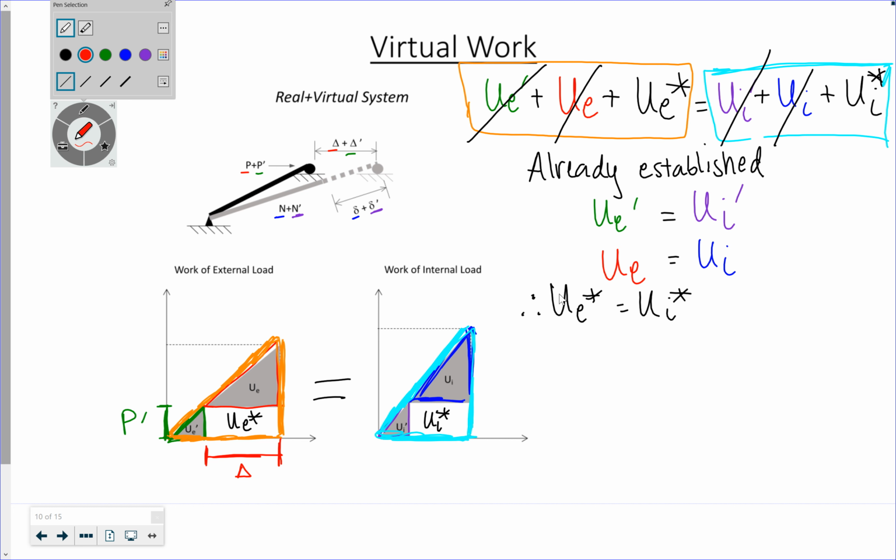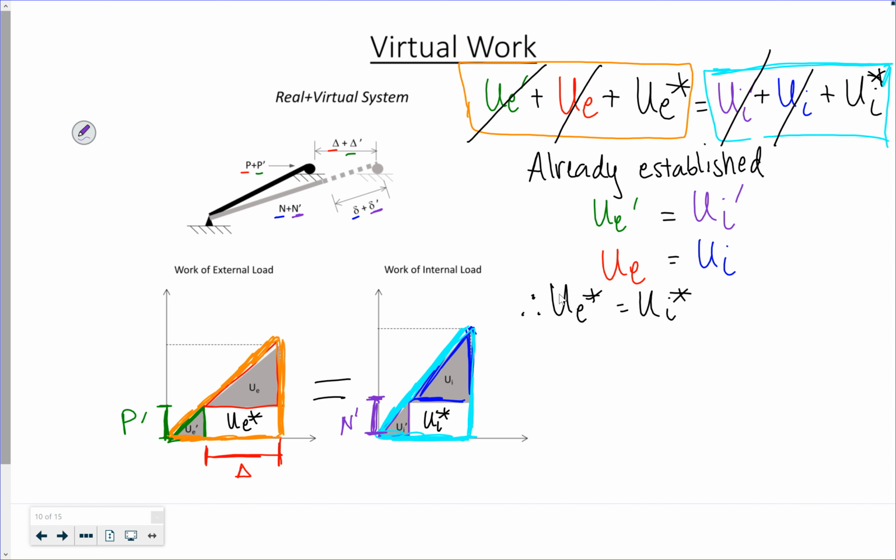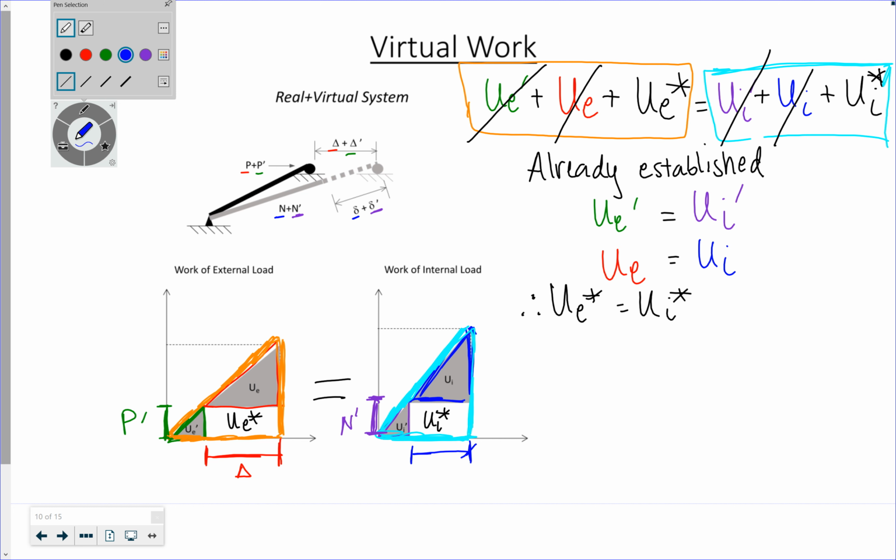UI star has a height of N prime and a width of baby delta.